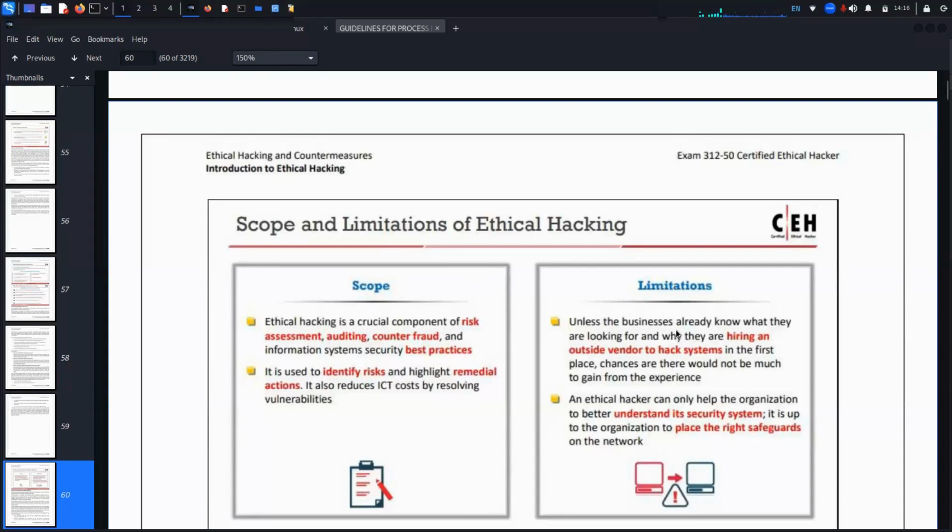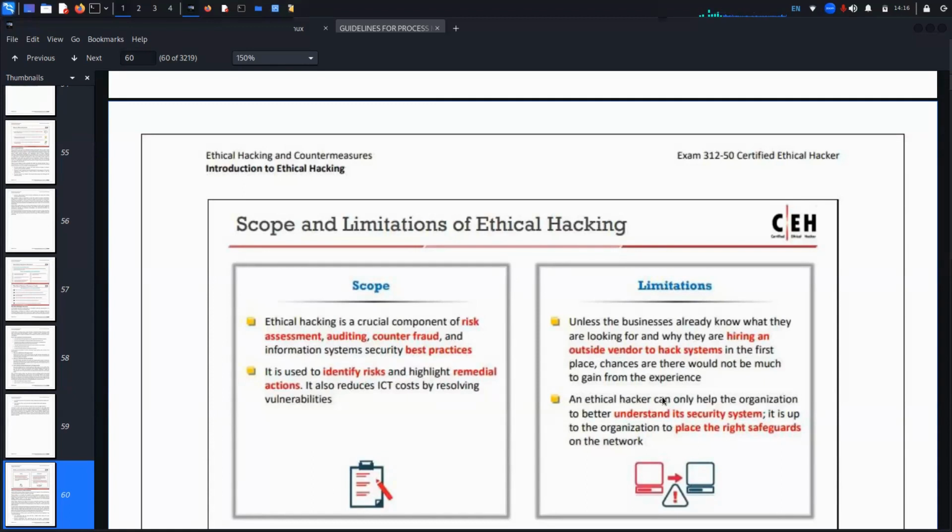Limitations. Unless the business already knows what they are looking for and why they are hiring an outside vendor to hack systems in the first place, chances are there would not be much to gain from the experience, right? So if the business already knows what they are looking for, or they know, oh, okay, I have used this vulnerable package, but this is the most that I could have done at that point of time because my application is dependent on that particular package, for example, right?